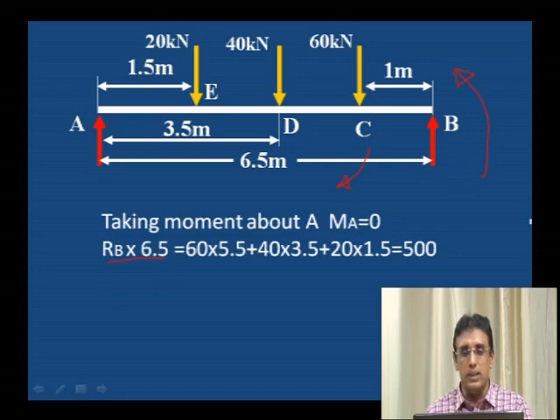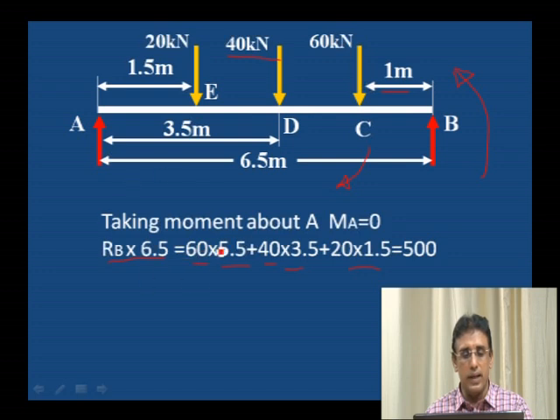Now RB into 6.5 is equal to 60 into distance from A to C. What is the distance from A to C? 6.5 minus 1 is 5.5. 60 into 5.5. Next load is 40, 40 into distance 3.5. 20 into 1.5.